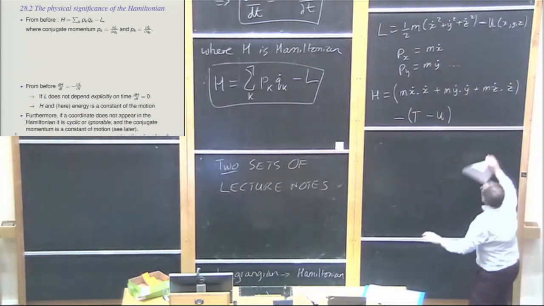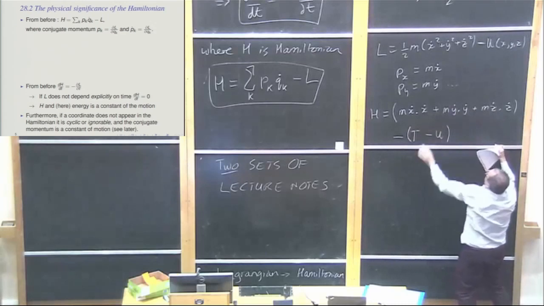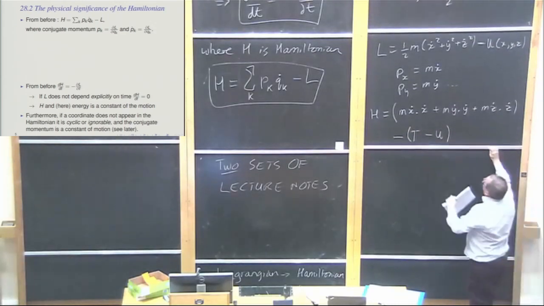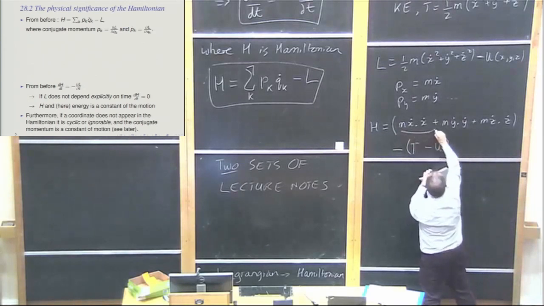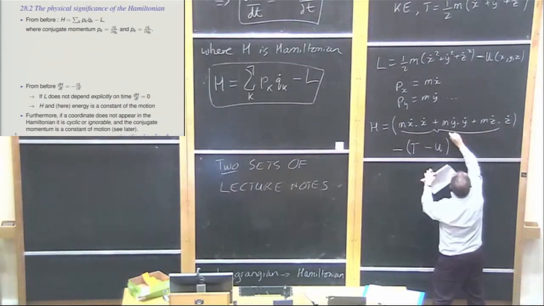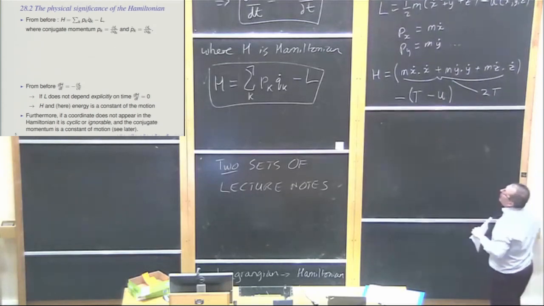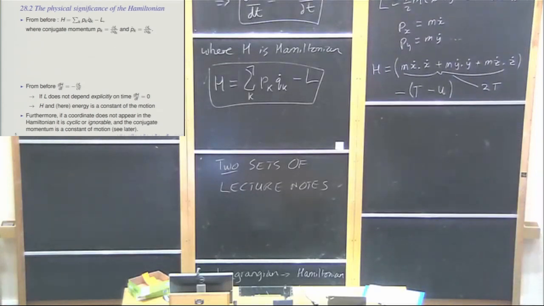But if you look at this for a bit, it immediately strikes you that this is nothing more than twice the kinetic energy. That's a half m x dot squared plus half m y dot squared plus half m z dot squared, multiplied by 2.